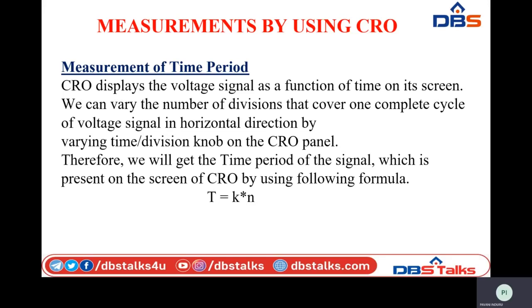Then, using the formula T = K × N, T is the time period of the signal, K is the time per division value present in the horizontal section, and N is the number of divisions in the horizontal section.